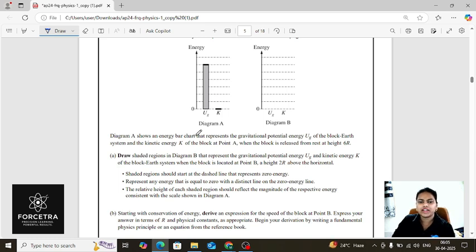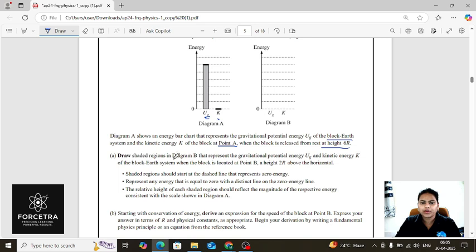diagram A shows the energy bar chart that represents the gravitational potential energy UG of the block-Earth system and the kinetic energy K of the block at point A, when the block is released from rest at height 6r. So UG is the potential energy, and kinetic energy initially was 0, so that's why it was represented like this.